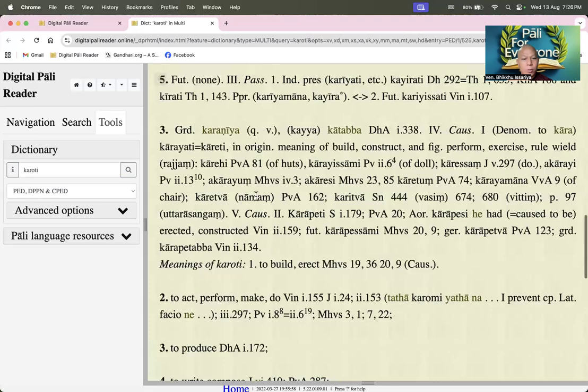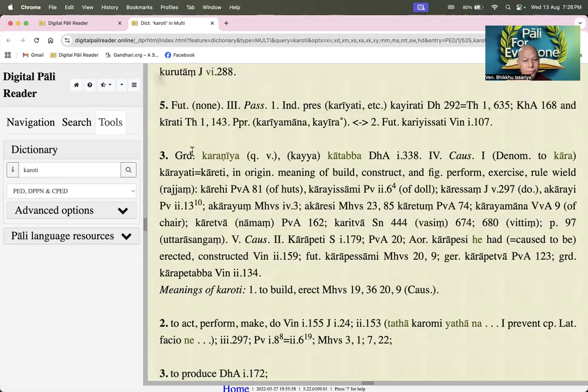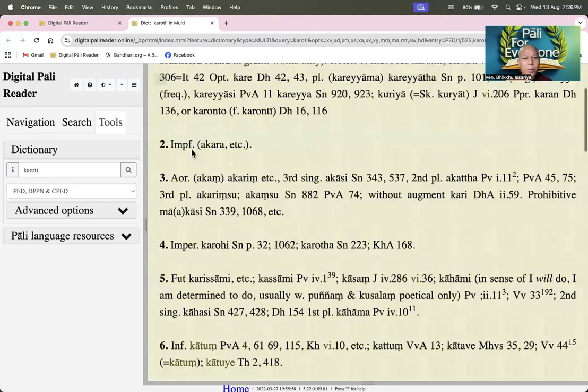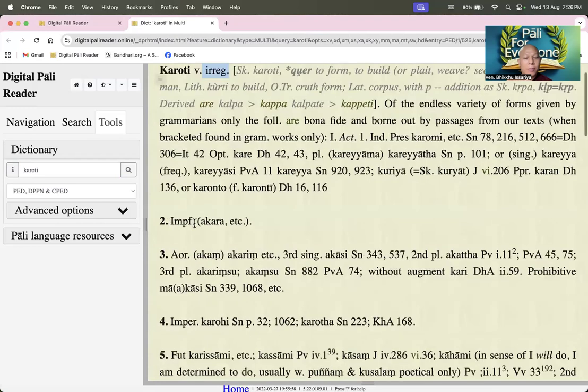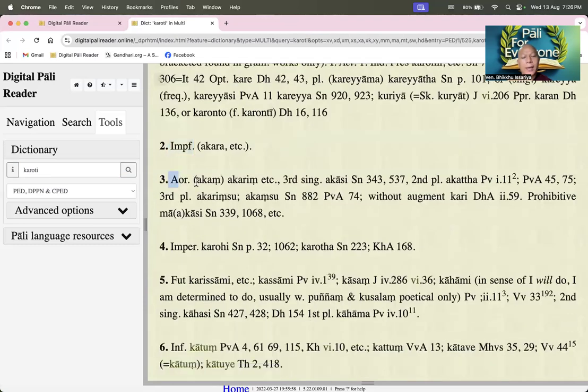So you see here karoti is irregular in this root kar, but the imperfect is akara. Okay, leave that one. So here always that is past tense, again akare and akasi and akata.